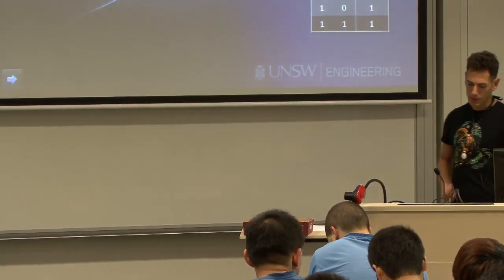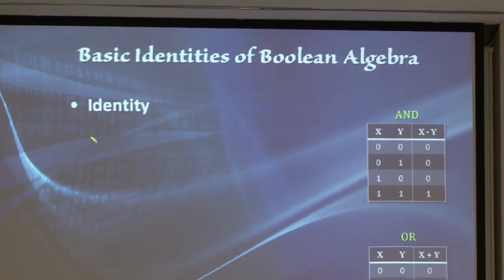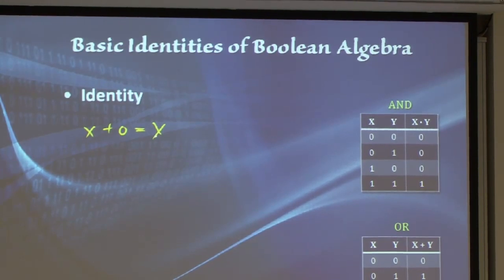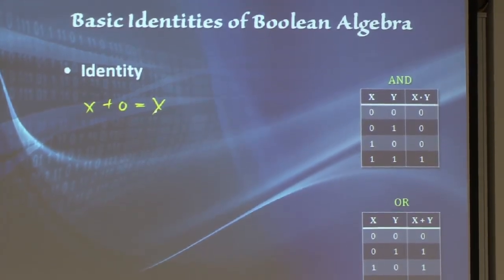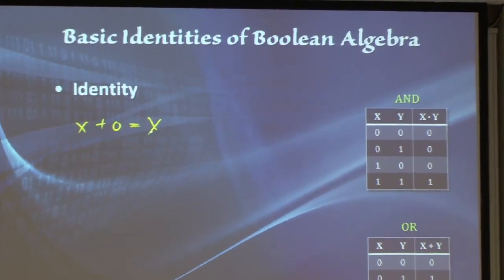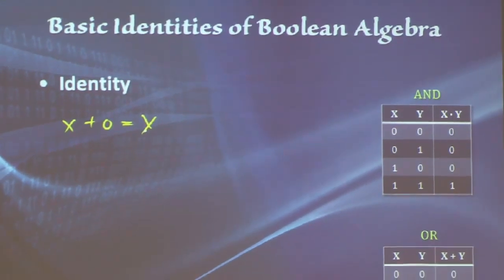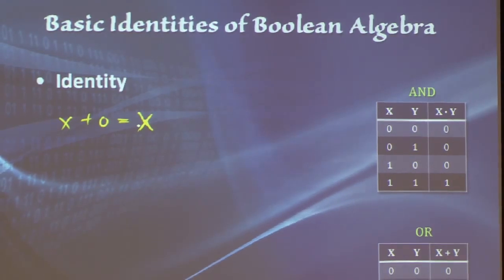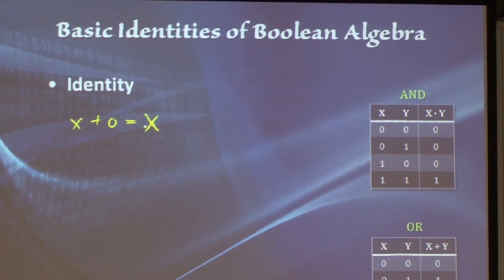The first identity is called the identity, and it states that anything OR 0 will stay that anything. It makes sense. If x was a 0, 0 OR 0 will stay a 0. If x was a 1, we will get a 1 at the output.